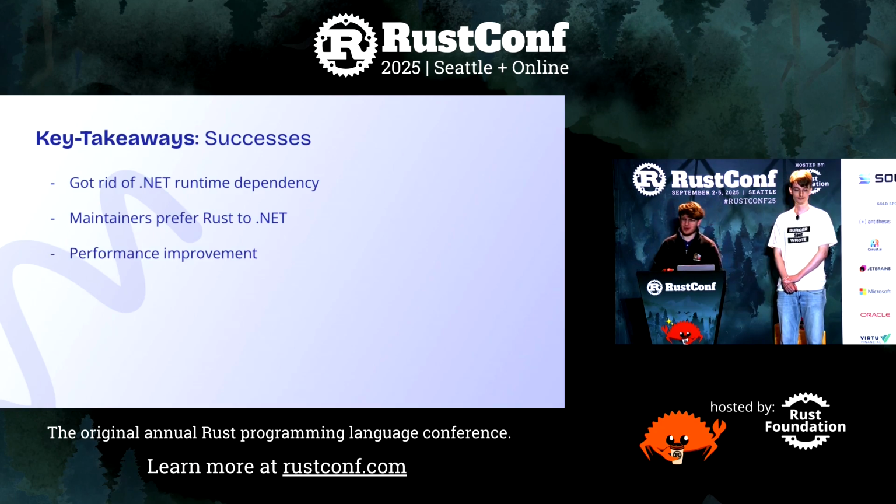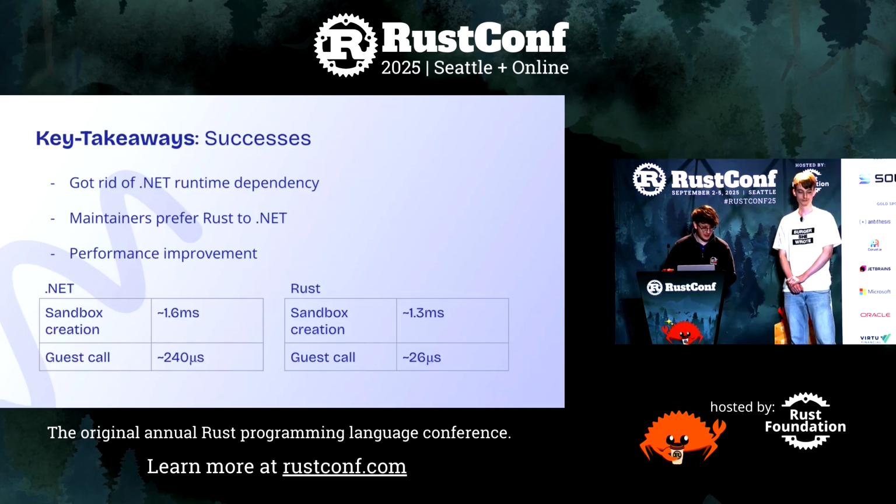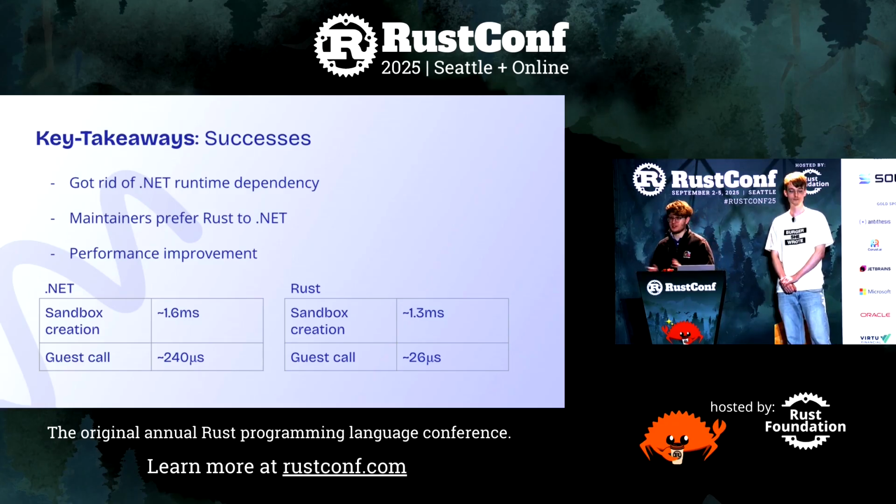And then finally, the promised performance improvement, which looks like this. Again, most of this comes from that garbage collection not existing anymore, although it is not an entirely fair comparison because .NET was from our prototype, and with Rust it's not just that we didn't change anything.